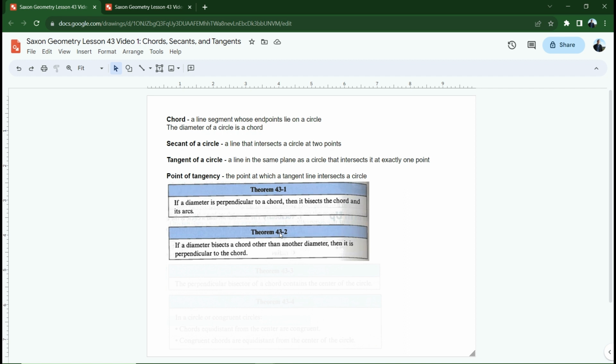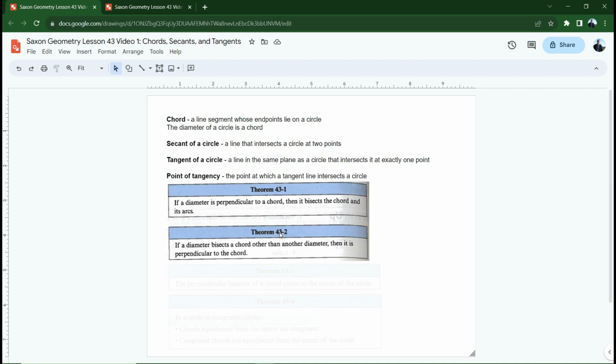If a diameter bisects a chord other than another diameter, so we're bisecting just a chord on the circle, cutting it into two equal parts, they have to be perpendicular for that to happen. So the first statement's converse almost works, except if I were just to write out the true converse of Theorem 43.1: if a diameter bisects a chord and its arcs, then it is perpendicular to the chord.